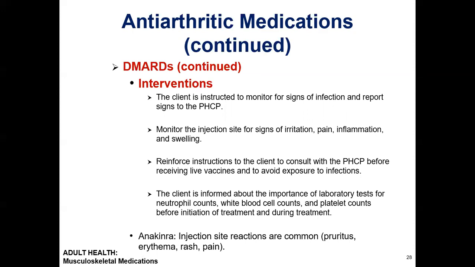The disease-modifying agents can cause bone marrow suppression, and bone marrow suppression means the patient can develop neutropenia, leukopenia, thrombocytopenia. So we need to count white blood cells, platelets, and neutrophils. Particularly, with the medication anakinra, injection site reactions are common. Signs are erythema, rash, and pain.